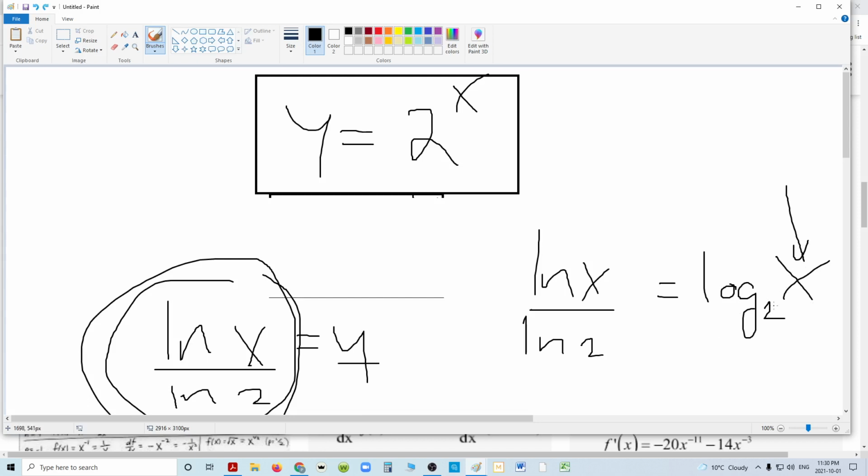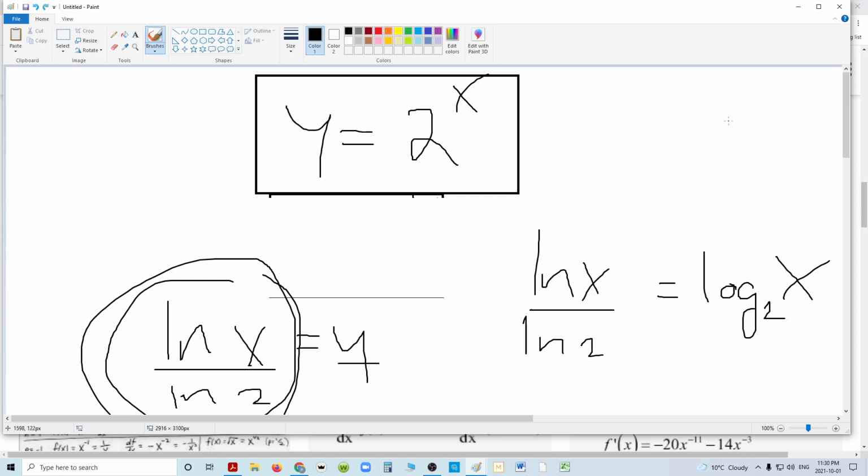Since your calculator might not have log base 2, use log base 10 of 5, and then find ln of 5 and ln of 10. Let's try that actually.